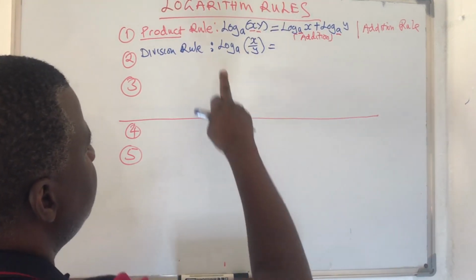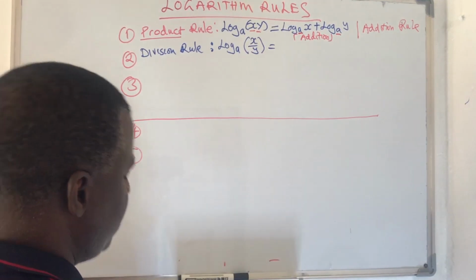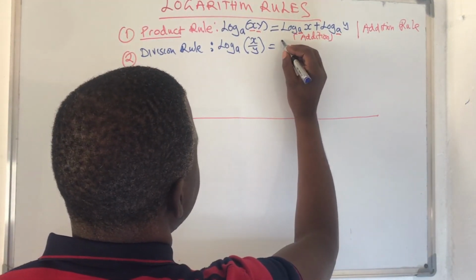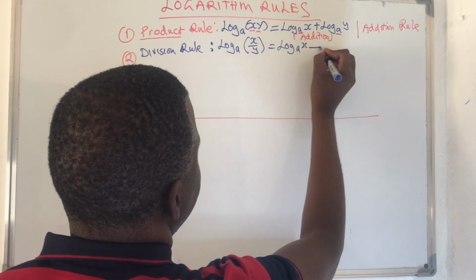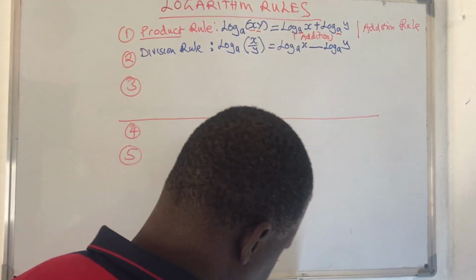We are saying log of base A, because this is the base of x and y. This one is equal to log A of x minus log A of y.